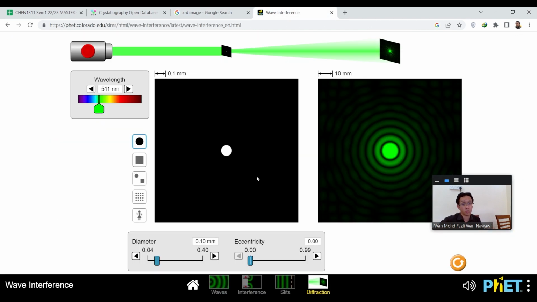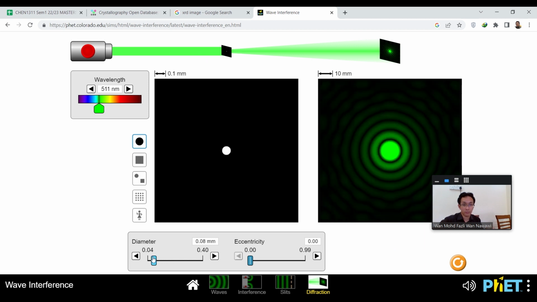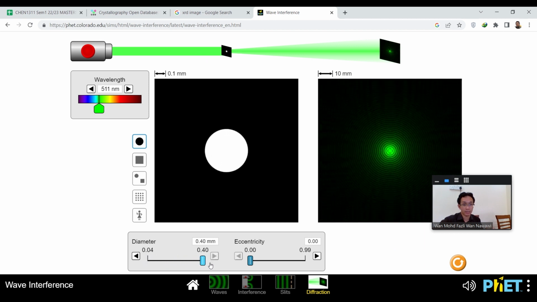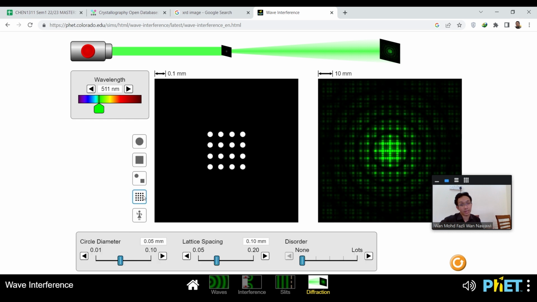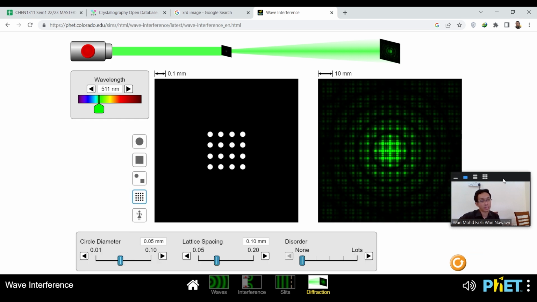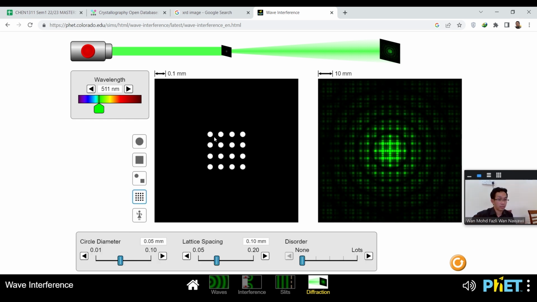I just need to show you: if you put a light here and make it smaller, you see the difference. If you make a cube, you get something like that, and if you make it like this, you get something like this. For example, if you look here, this is like a crystal lattice.